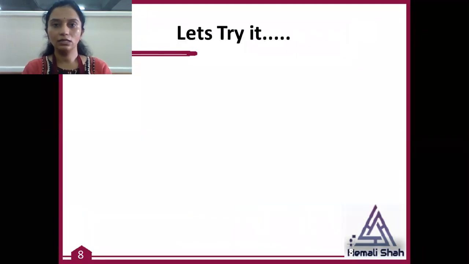Now let us try it. We have learned all the shift operators. Now let us try all these shift operators on our computer and find out whether they work the same as we have learned in our lecture.